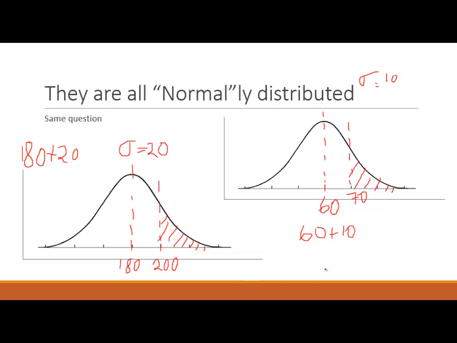Okay, so both of these questions are asking you the following. What is the probability that you're going to get somebody equal to or more than the average plus one standard deviation? I did that badly. I was trying to do one standard deviation right there. Okay, so both of these questions are asking you the same thing.